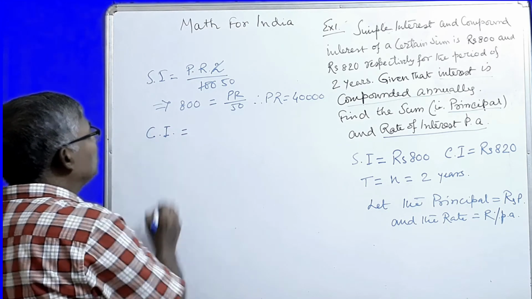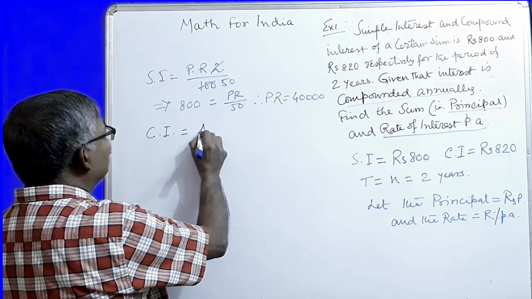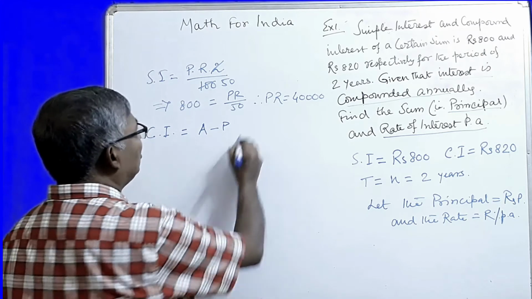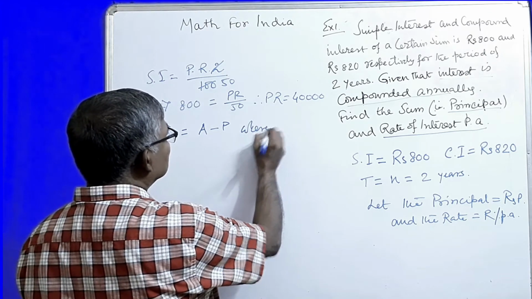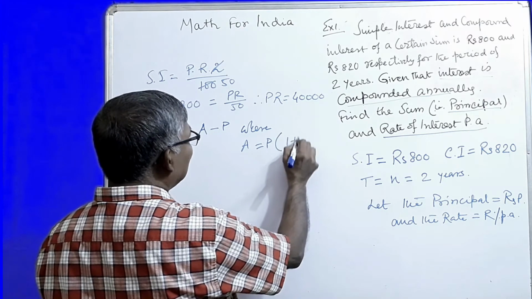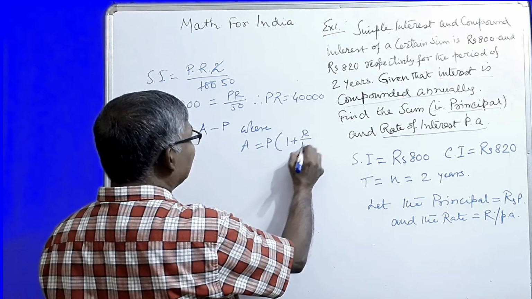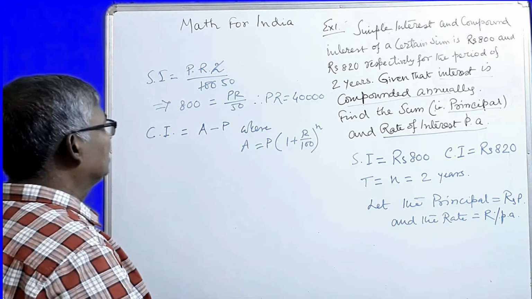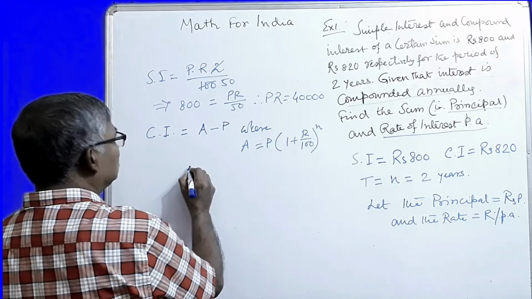The formula of CI is A minus P, where A is the amount, where A equal to P into 1 plus R by 100 whole to the power N. Here N equal to 2.